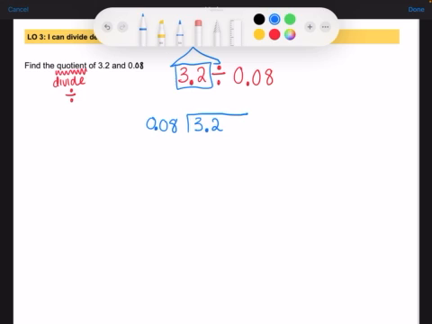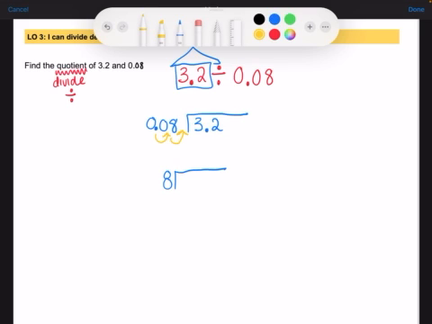Now I have decimals outside of my house in my divisor, and I don't want decimals outside my house. So what I need to do is get rid of that decimal by moving it 2 times. If I move it 2 times, then I'm just going to end up with an 8 outside the house.